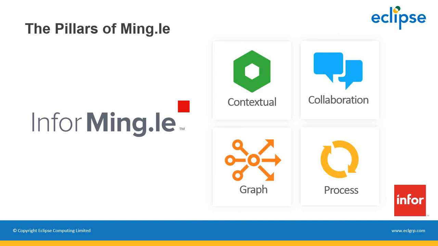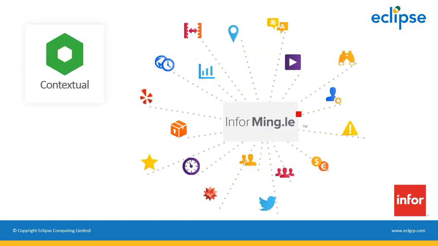So we talked about contextual, the ability to make all information contextual, collaboration, the ability to diagram or start to visualize the relationships between different applications within the system. This is what Graph is about, and then the ability to interact around a business process. And of course, the heart of all of this is Infor Mingle.